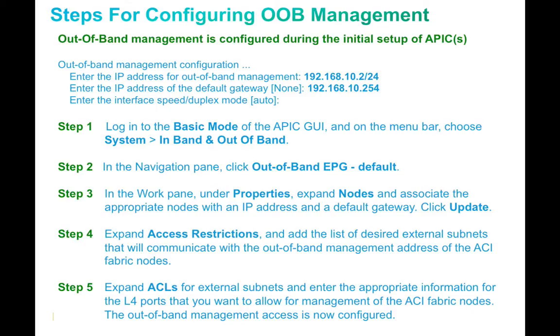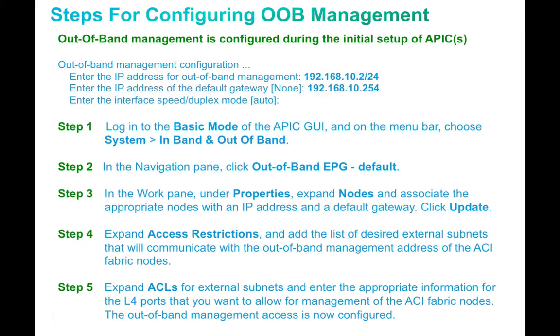The out-of-band management of APICs is configured during the initial setup phase. I have cut and pasted the initial setup of APICs here on my screen that you can see. At this time, you have to input the out-of-band management IP address of your APIC one by one, along with the default gateway and the interface speed and duplex mode.